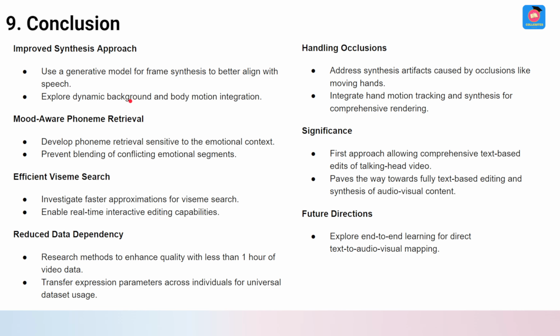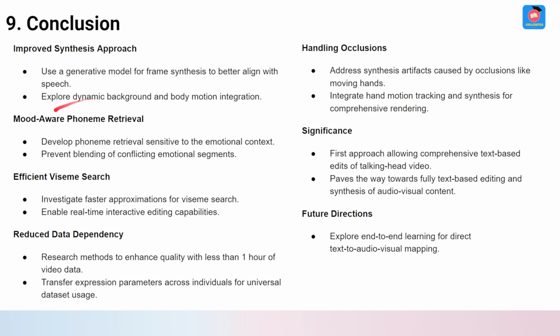So in the conclusion, I will say that this is a really good paper which talks about all the perspective and the results are really good. So they have improved the synthesis approach, explored the dynamic background, body motion integration.